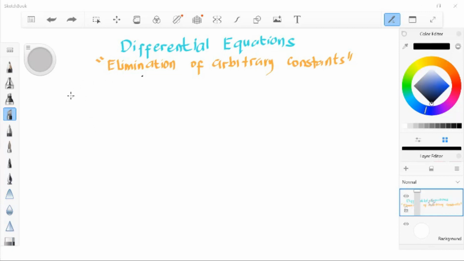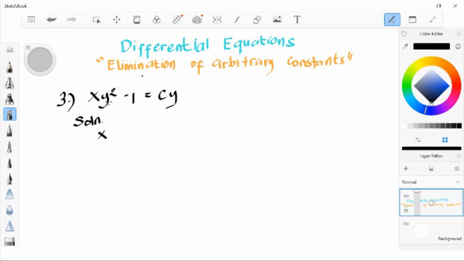So for the third example, this would be x y squared minus 1 is equal to cy. So as usual, what we must do is to differentiate the equation a single time because there is only one arbitrary constant. So let's do it. The derivative of this is product rule.